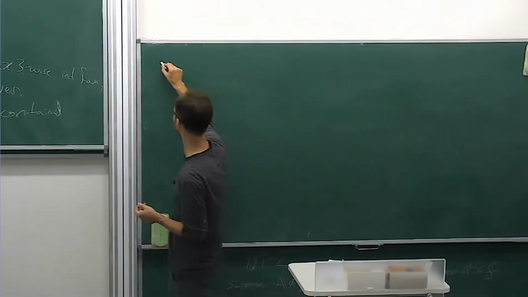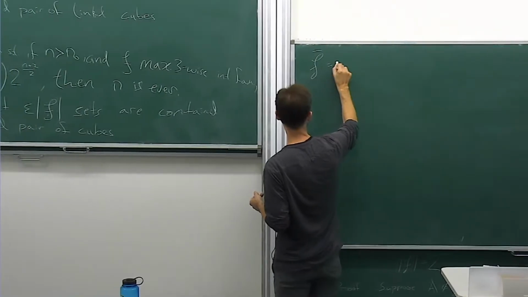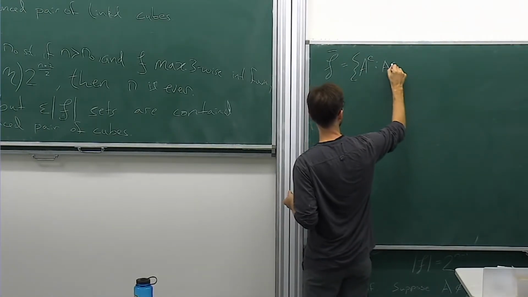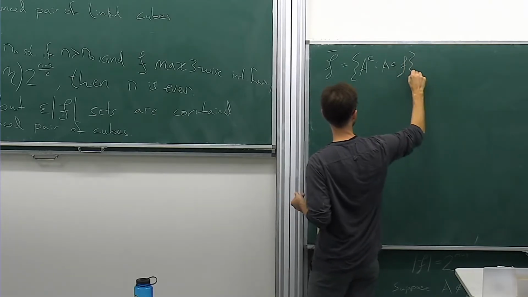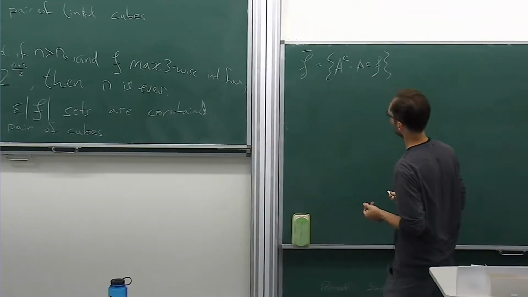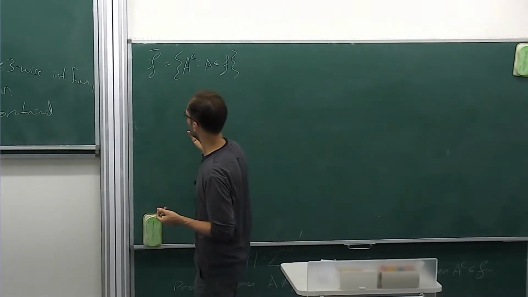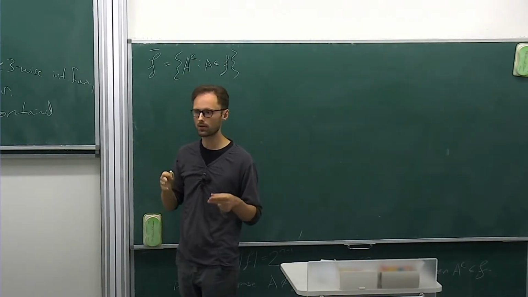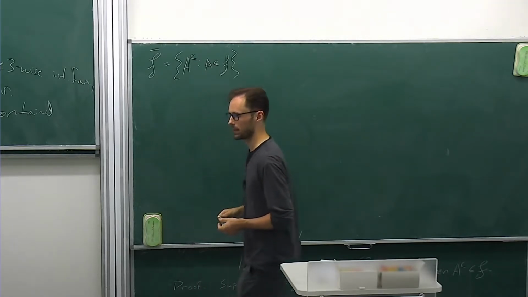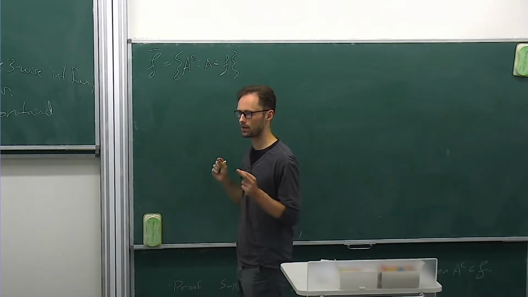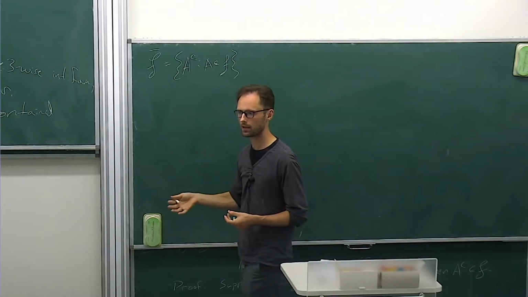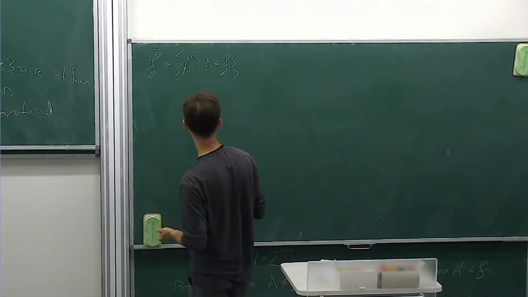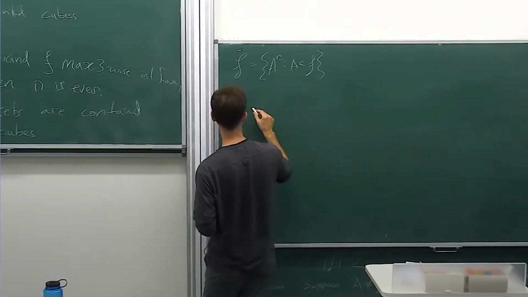Recall that F bar is the set of complements. And what we're going to gain is that we're always going to send it to pairs of disjoint sets. And this disjointness is the key property that gives us a handle on improving the crude result that I showed before.